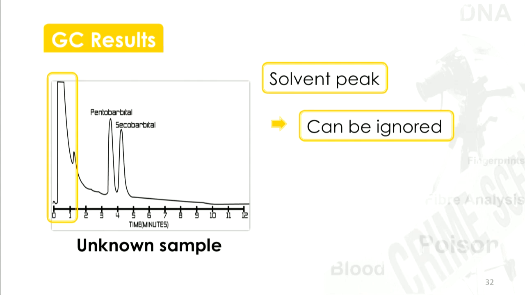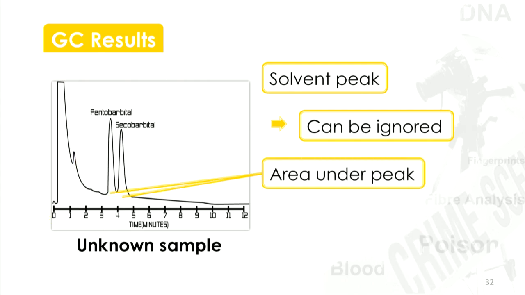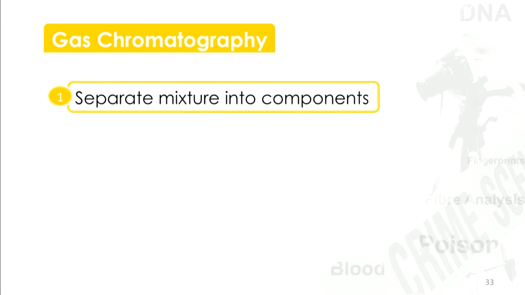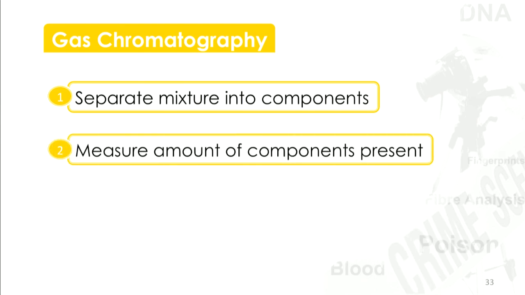But with GC, the amount of material present is proportional to the area under the peak. So not only can we separate out a mixture into its different components, we can also measure the relative amount of those components that are present. So GC is a technique where we can quantify the components.